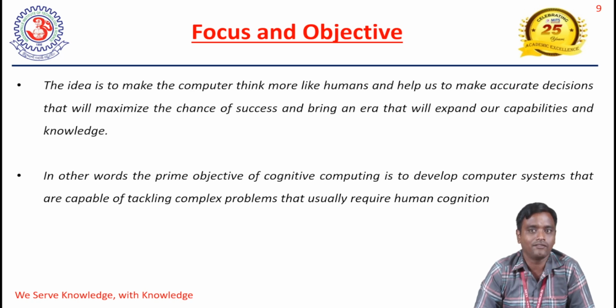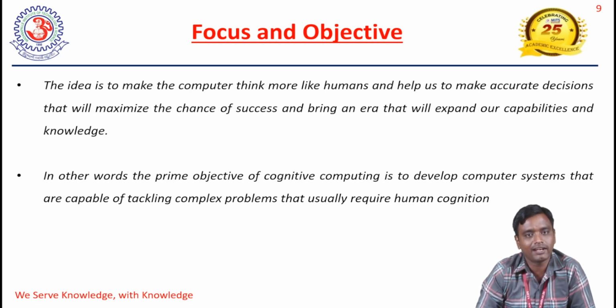So when we make a certain decision, there won't be a probability that we will land up in failure. The probability is that for sure we will be getting the chance of success. And based on this, we can acquire more knowledge and we can expand our capabilities. So this is the prime objective of cognitive computing.